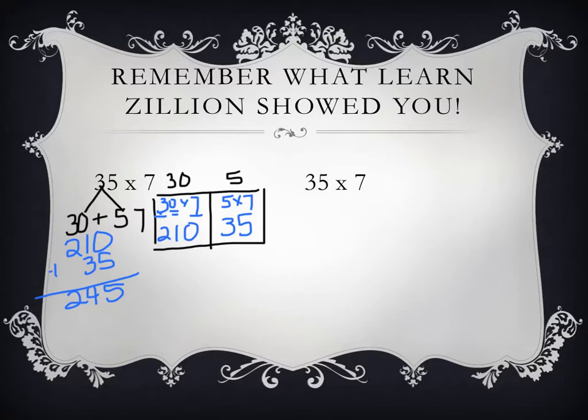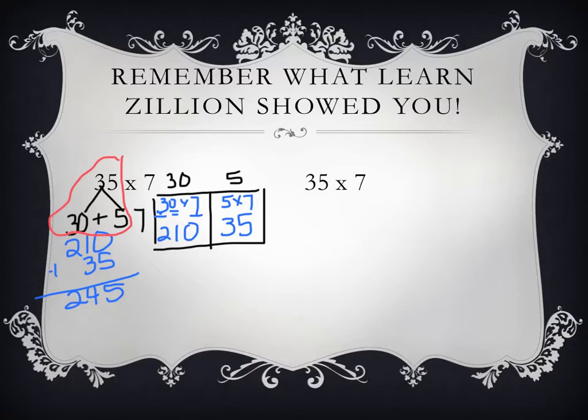Sometimes on problems, when you are using expanded form, you're asked to write the equation that goes with it. 35 is 30 plus 5. I'm multiplying 35 times 7.